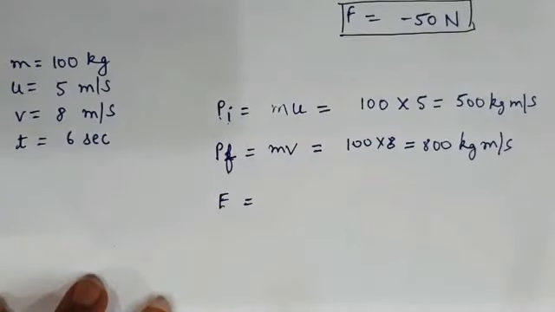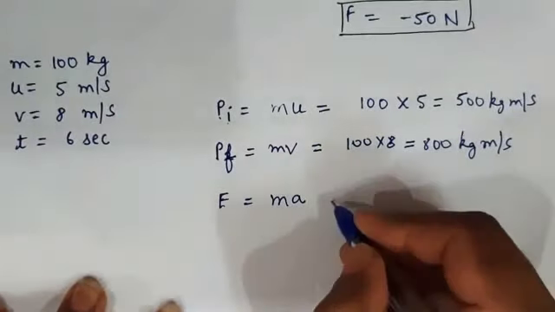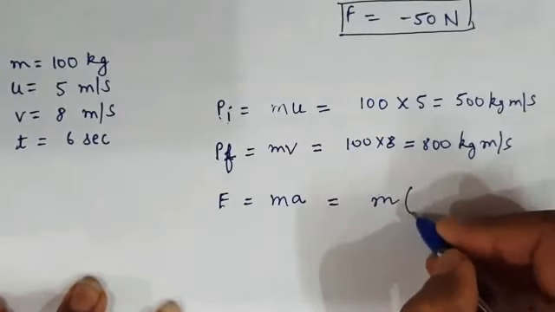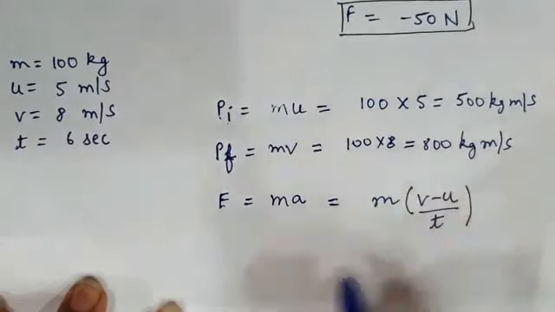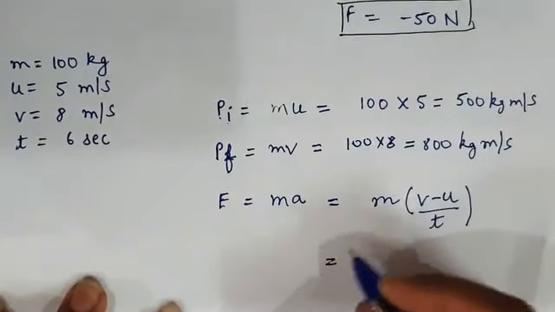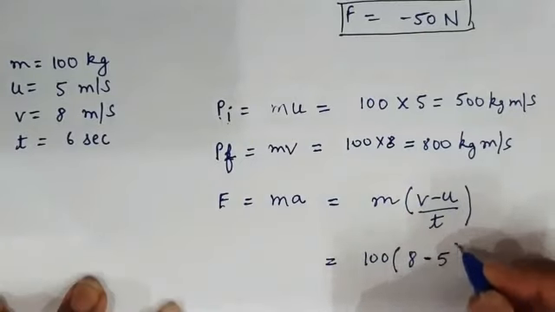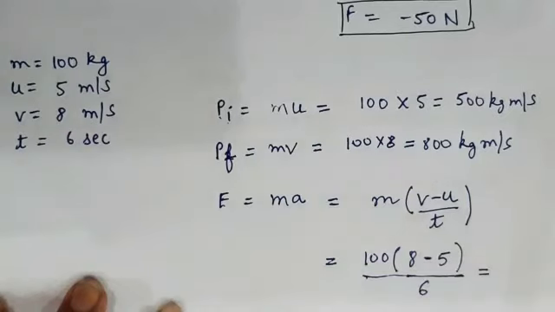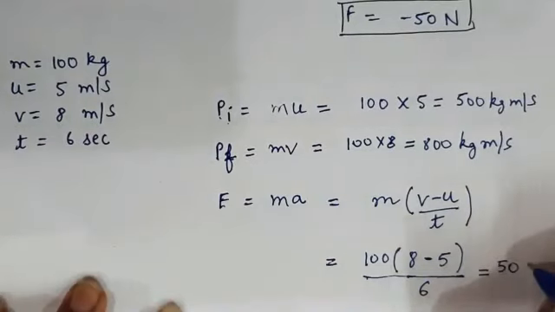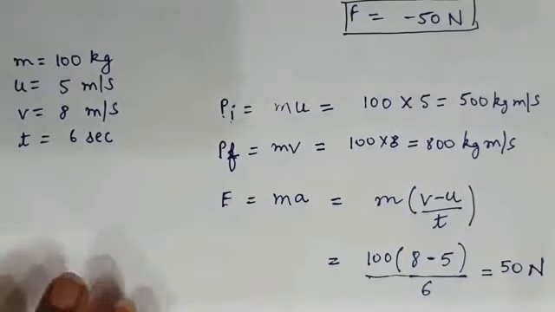Now you have to calculate the force exerted on the object. What is force? Force is ma. And what is a? a is v minus u upon t. So you know all these values, just substitute. m is 100, v is 8, u is 5 and time is 6. So you will get your answer, 50 Newton. So this is question number 16.